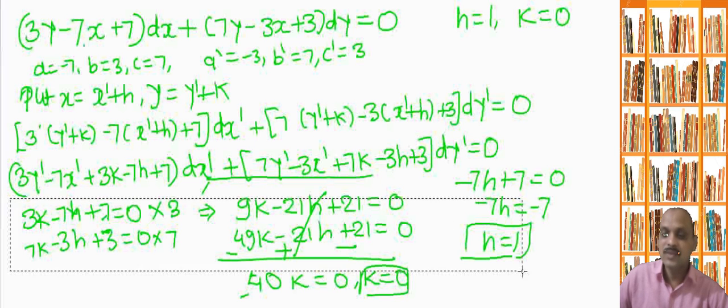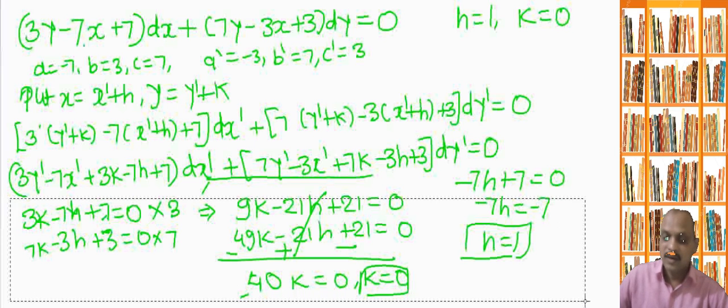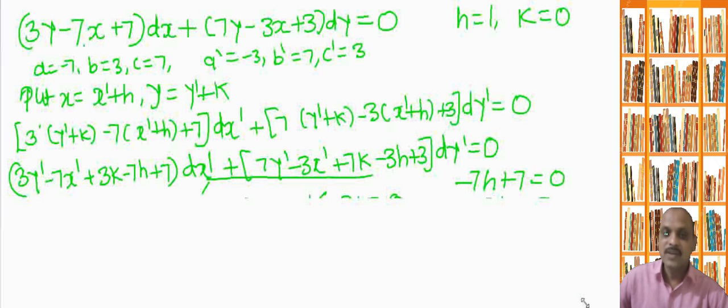Now let us put these values in this equation and solve. Here we have taken these two equations as 0, this part is 0, this part is 0.